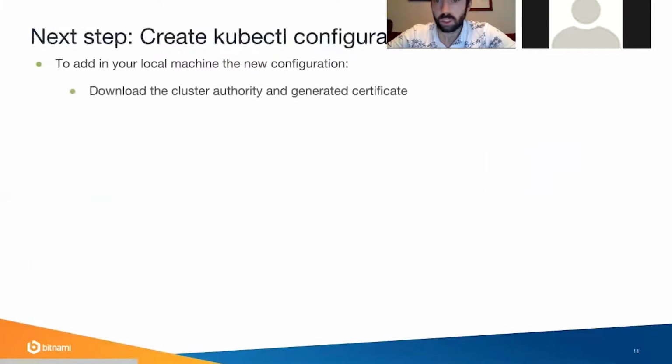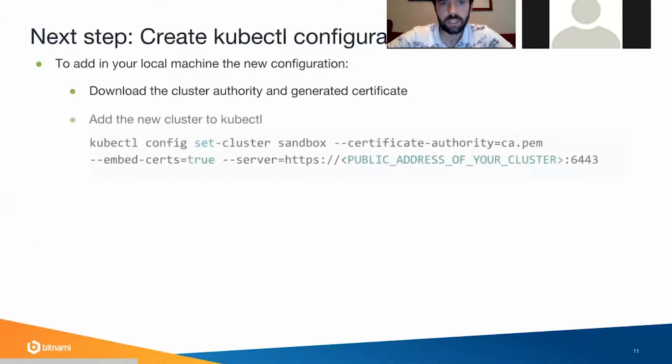Once you have the certificate, in order to access Kubernetes, the last thing the developer needs to do is configure the kubectl client, which is the one responsible for accessing the API. And how is this done? Using what many of you may be familiar with, the kubectl context, which is a pair of credentials and cluster. You say, I want to connect to this cluster with this set of credentials, which is this certificate. That's all. You will need to download the authority and the certificate.